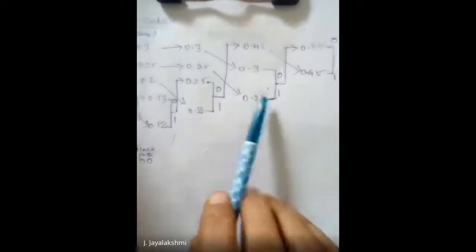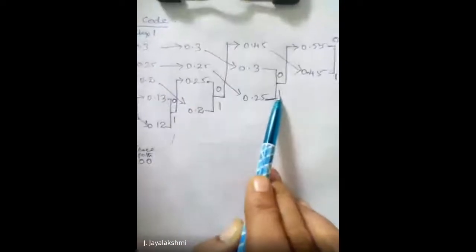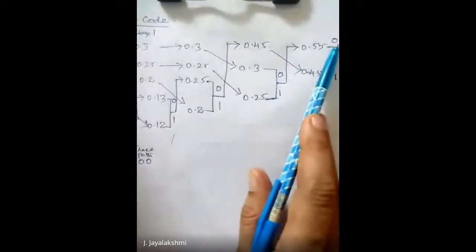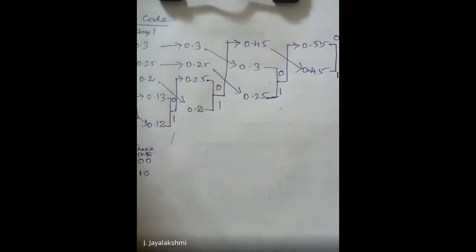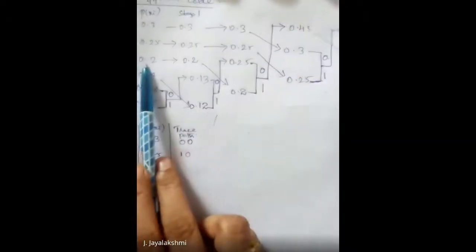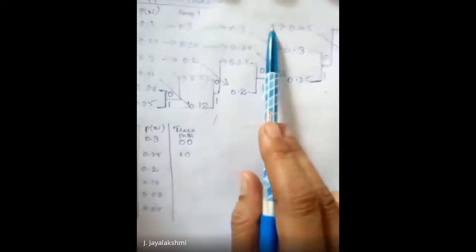So this 0.25 takes a path over here, 1, and it ends up with 0. So the trace value for this is 1, 0. Next is 0.2 as the probability. Now track that path. Trace it. This is 1 and it goes here. It is assigned 1.